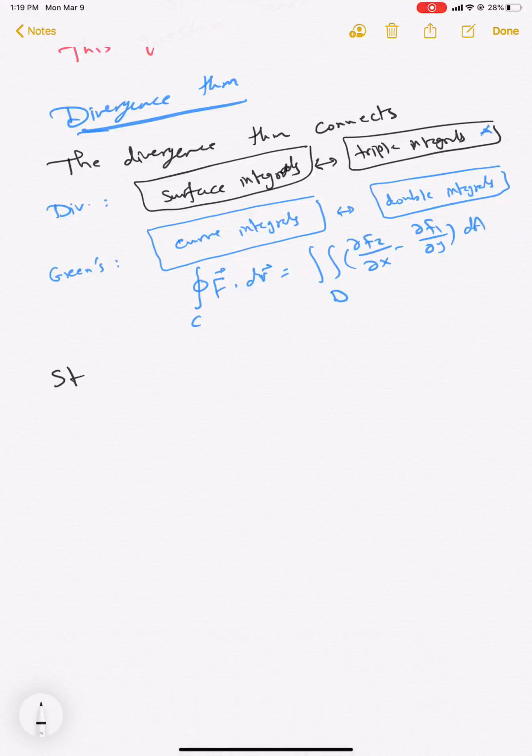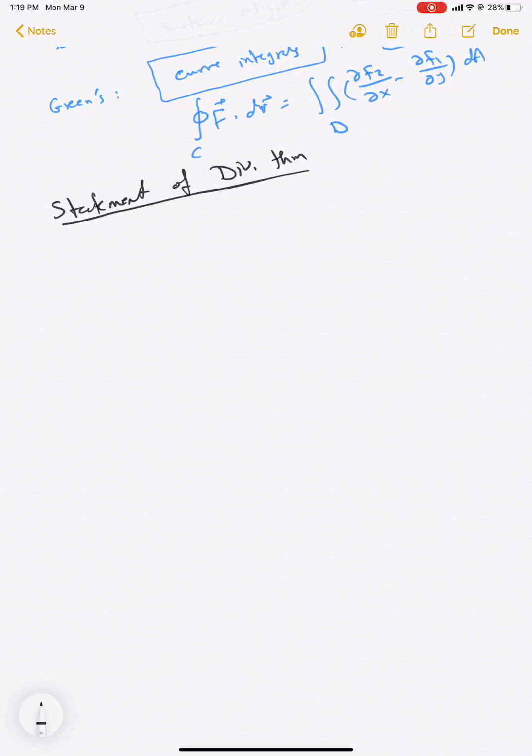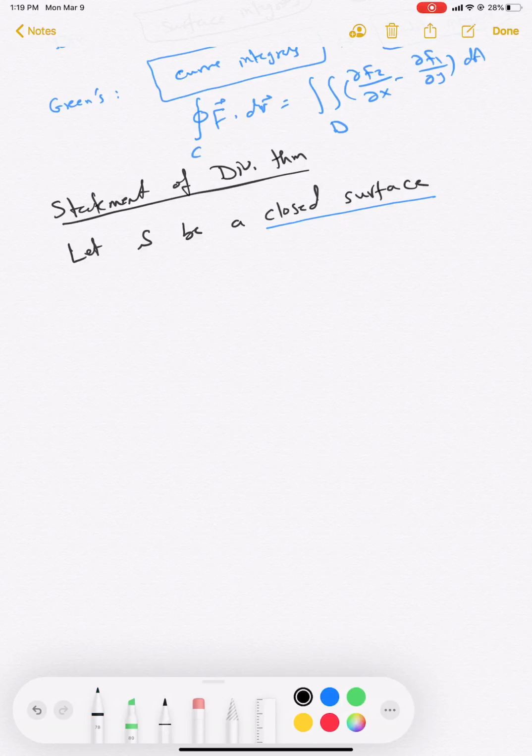So the statement of the divergence theorem. Of course, we're assuming all the time our functions are smooth, they are continuous, they are partially differentiable, and so on. The same for our surface. So basically, let S be a closed surface. This reminds us of the term closed curve in Green's theorem. We need to clarify the meaning of a closed surface after we finish the statement.